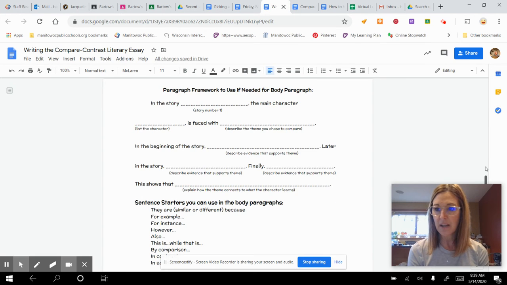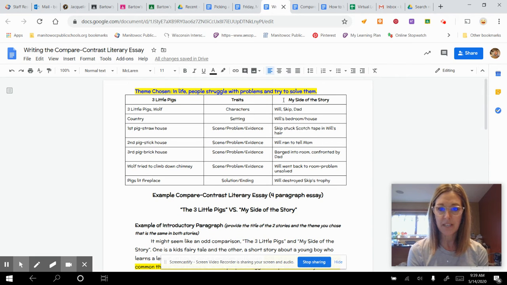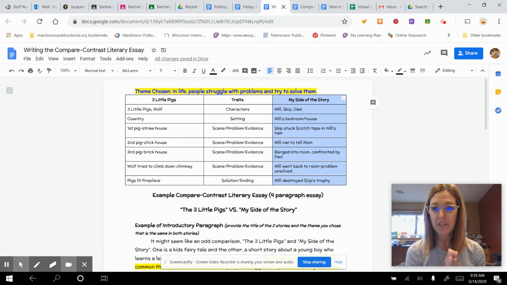So if I go back up to my chart or my table, I need to write this paragraph now. The paragraph that talks about My Side of the Story and how it connects to in life, people struggle with problems and try to solve them. So my evidence is all right here. Will's in his bedroom, Skip puts tape in his hair, Will runs to his mom's room, barges in the room, there's a problem.